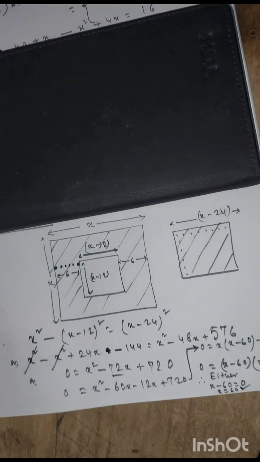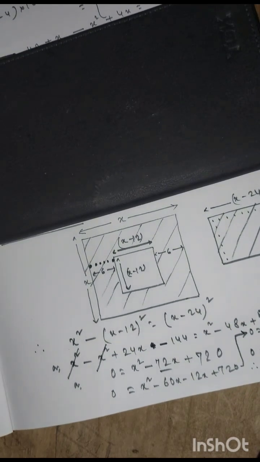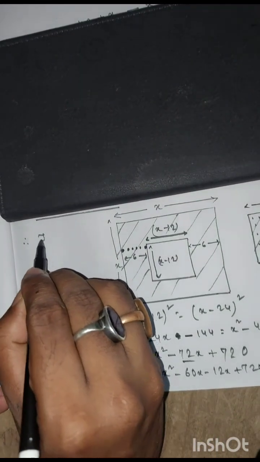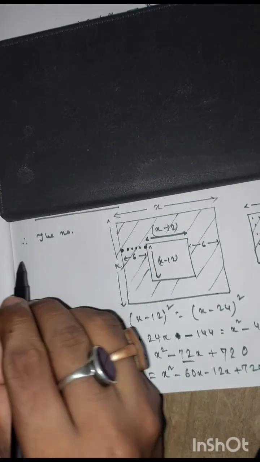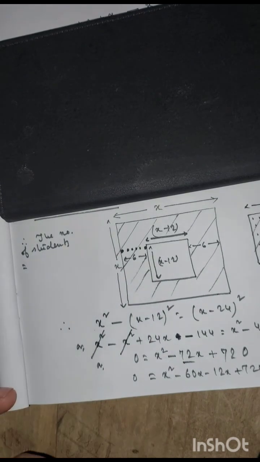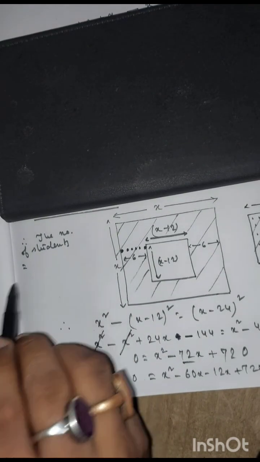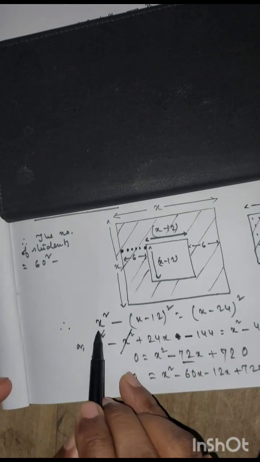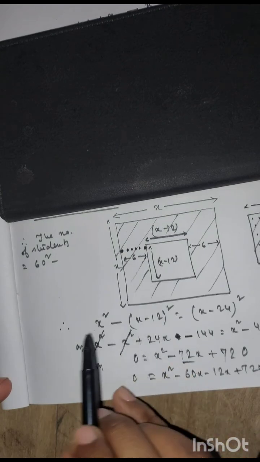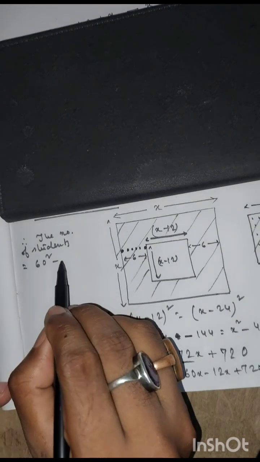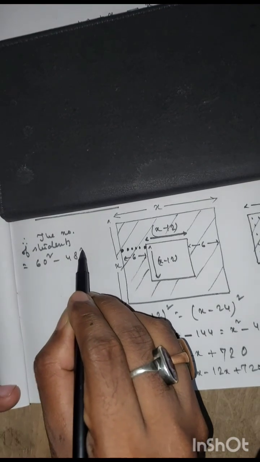Therefore, the required number of students equal to 60 square, from this part, that is x square minus (x minus 12) square, 48 square.